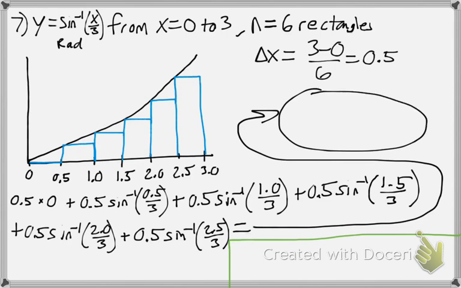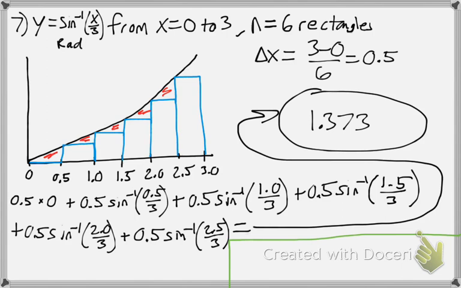So if you type this into your calculator, then you should get 1.373 as your estimate. Again, this is going to be an underestimate of what the actual area is because of all of these gaps here that we're not accounting for. Okay, so that was with the left triangles.